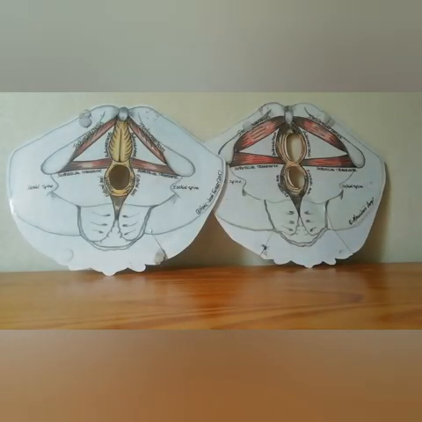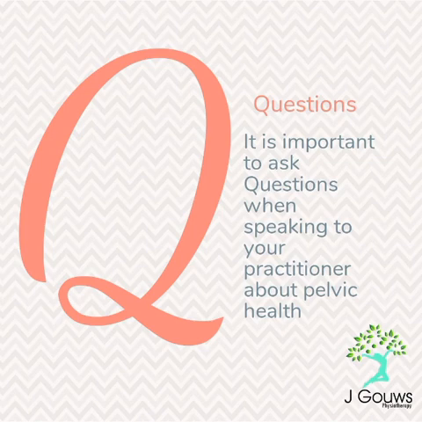The pelvic floor also has muscles that are closer to the skin, and these are often forgotten. So this view would be as if you're looking from the bottom up into the pelvis. So that's kind of what we see if someone's lying on their back and you are looking at their pelvic floor.